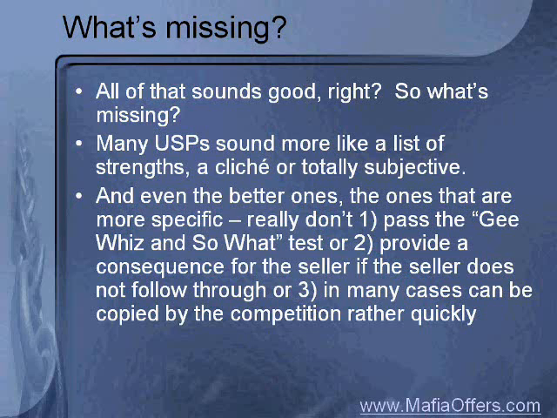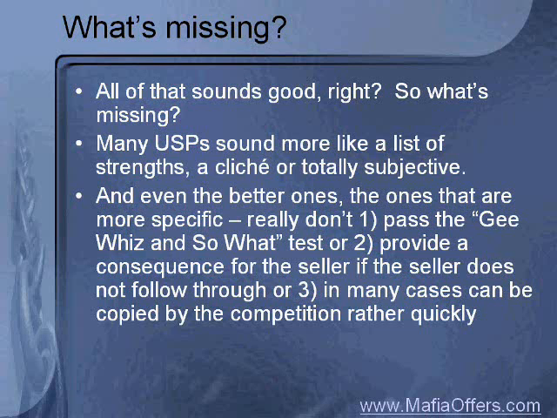It's how's that any different? Why should I believe that? I call that the gee whiz and so what test. Or two, provide a consequence for the seller if the seller does not follow through with what they've promised. Or three, in many cases, this USP can be copied by the competition rather quickly. So that's some of what's missing.